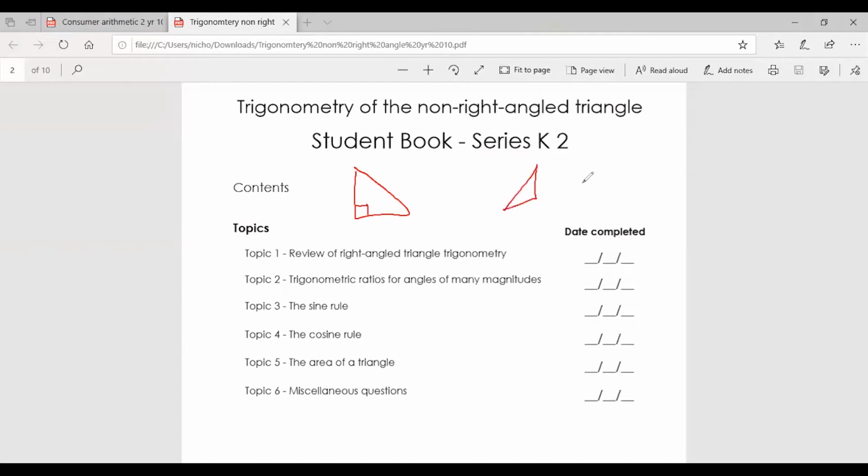It can look messy, really tall, or really thin. We're trying to get more general things that work for every single triangle, so we don't have to make them a right angle. But before we do that, we're just going to do a review of trig, and then we're going to get into some more interesting stuff.